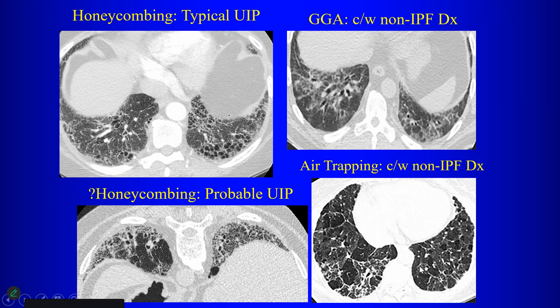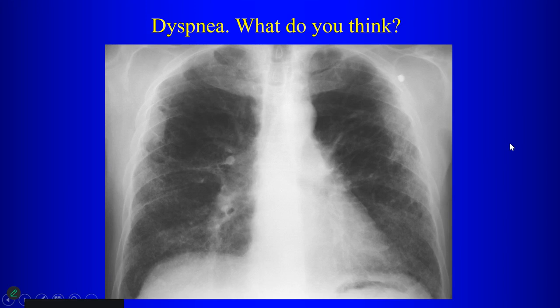What's the other disease you might suggest here? What disease gives you lots of air trapping and fibrotic changes? Hypersensitivity pneumonitis, right? So if we see that, we want to make sure to bring up hypersensitivity pneumonitis, okay?